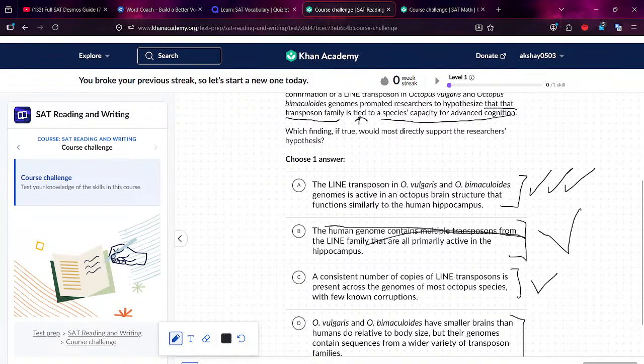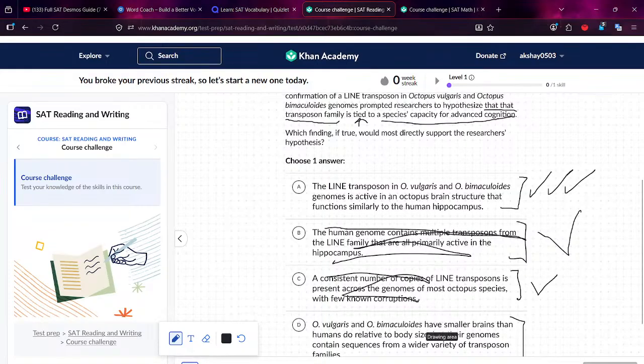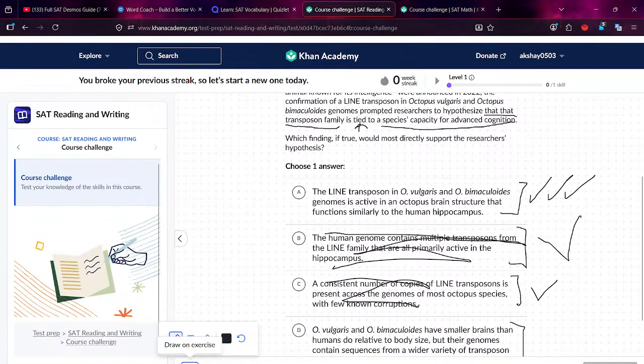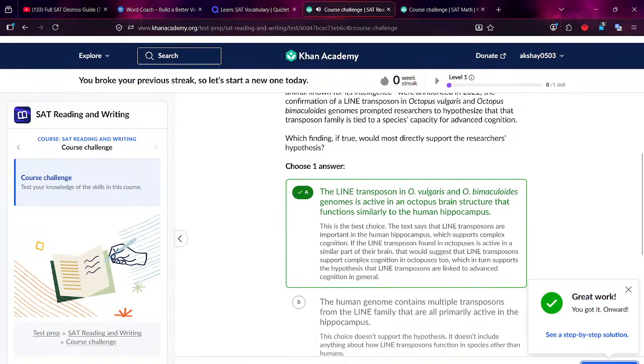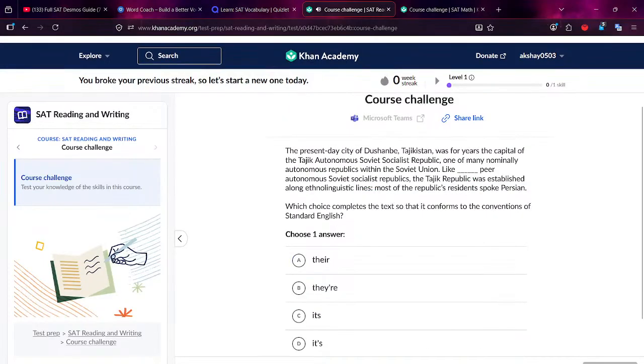This is already in the source material. A consistent number of copies is present. These are kind of worse, so I'm gonna go with A. Could be wrong, but yeah, A is the strongest answer.